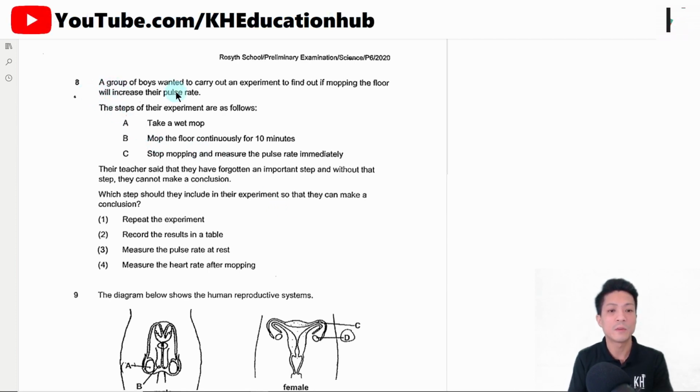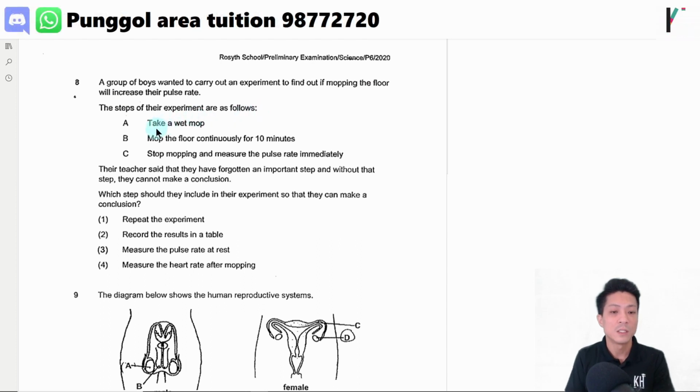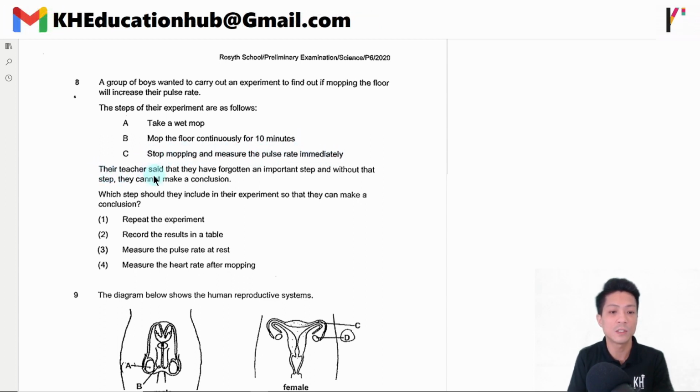Question 8. A group of boys wanted to carry out an experiment to find out if mopping the floor will increase their pulse rate. The steps of their experiment are as follows. Take a wet mop, mop the floor continuously for 10 minutes, stop mopping and measure the pulse rate immediately. Okay, the teacher said that they have forgotten an important step, and without that step they cannot make a conclusion.